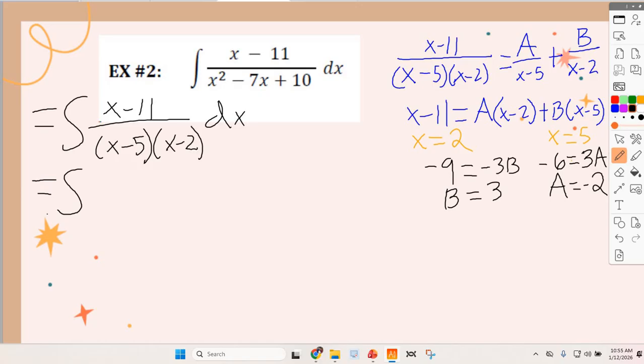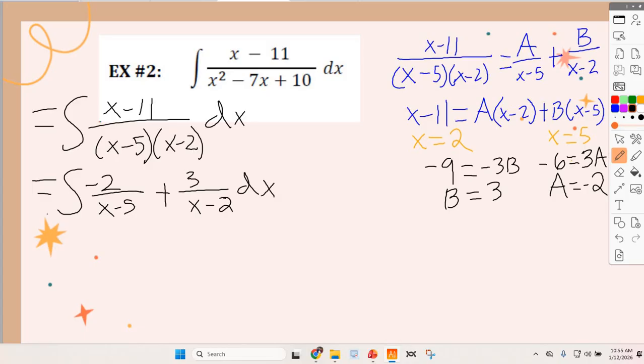Now, something to be careful about is that a lot of people will forget that when we set this up, we were decomposing it. So whenever I'm writing these out now, A is the only thing that is in my numerator. So I have X minus 5. Plus B is the only thing in my second numerator.